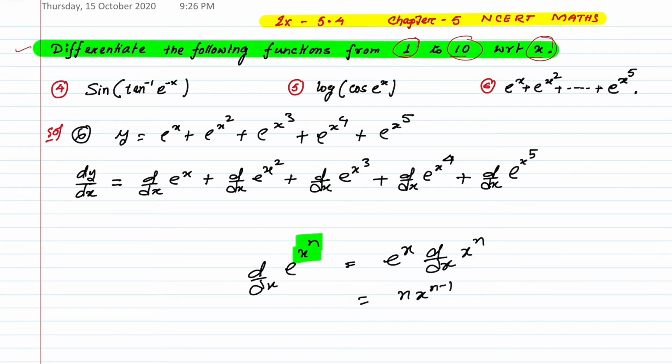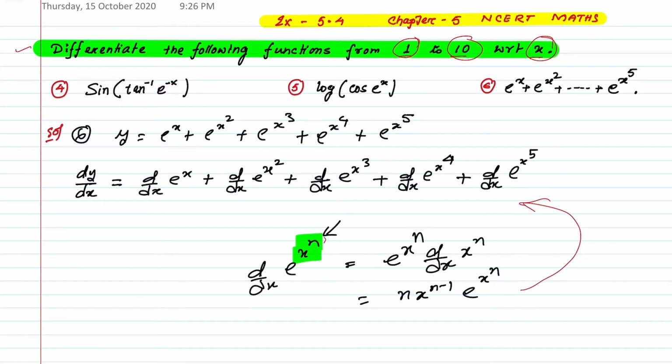So the final result should be n x to the power n minus 1 e to the power x to the power n. So you have to apply this here.